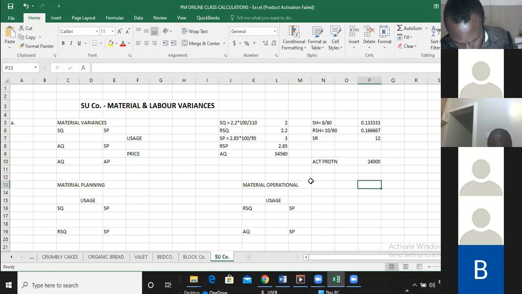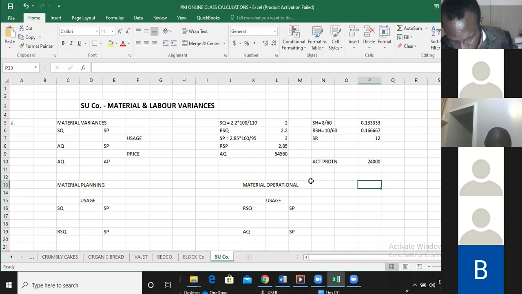Which cost is this? In February, the total costs this. It costs 2.85. So 2.85 has to be my actual price too. Do you get that? It costs this.